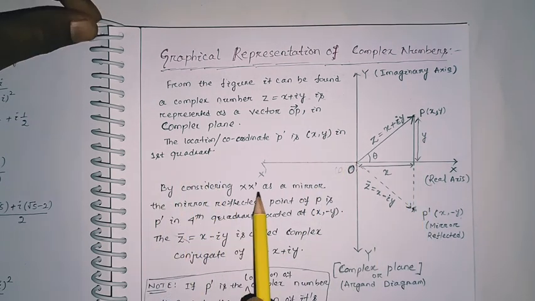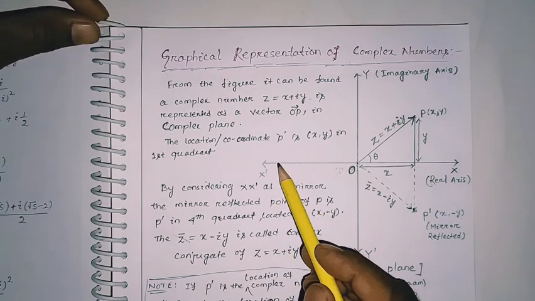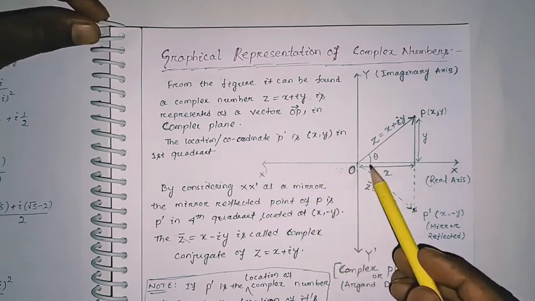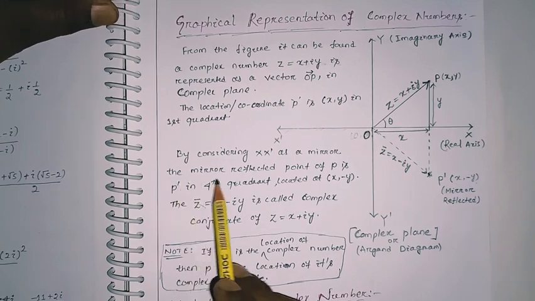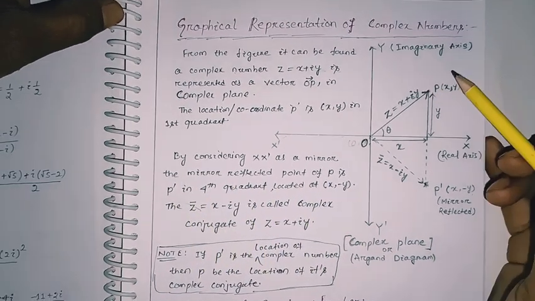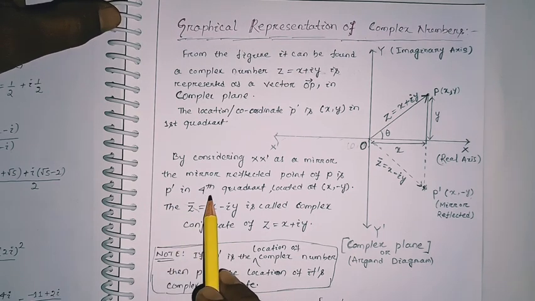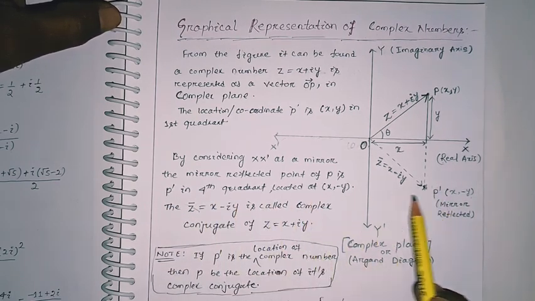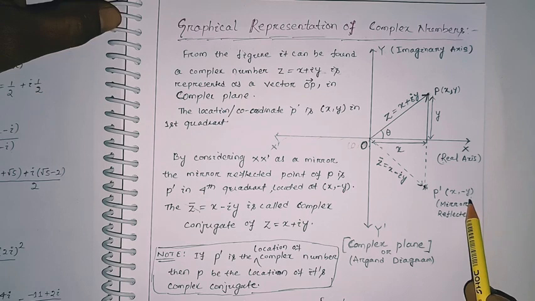By considering x' as a mirror, the mirror-reflected point of P, the reflection of this point P, is your P' in the fourth quadrant, located at (x, -y).